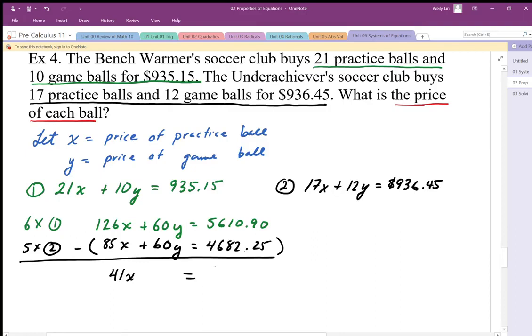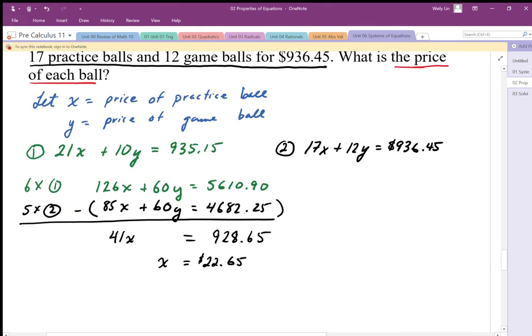That's going to give me $928.65. Then, to find the cost of the practice ball, I divide both sides by 41, and I get $22.65. This is the cost of the practice ball.